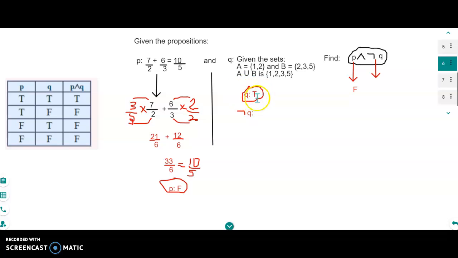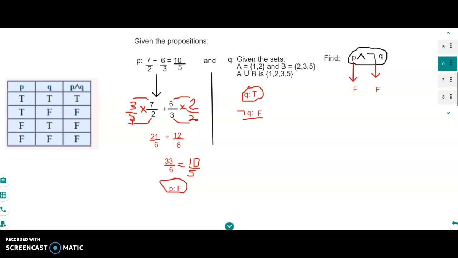What is the opposite truth value of true? It will be false. So now we already have the result for the negation of Q, and we write it here: the denial of Q, or negation of Q, is false.